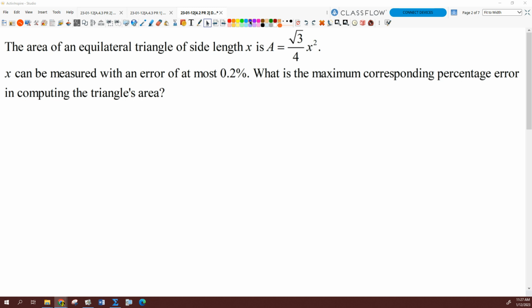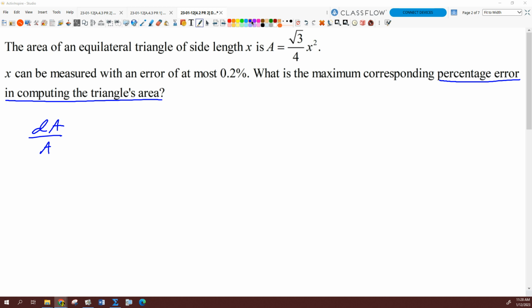The percentage error in computing area, yeah, that'd be dA over A. Everybody see that? A percentage means relative, right? So that's a relative error for area. Relative propagated error is what it is. Calculating area, so we're trying to find dA over A.